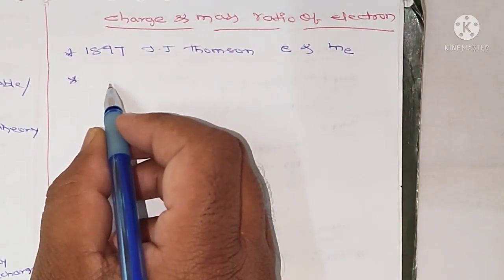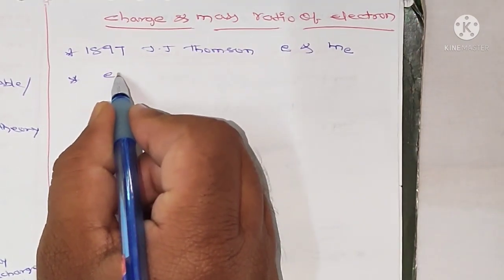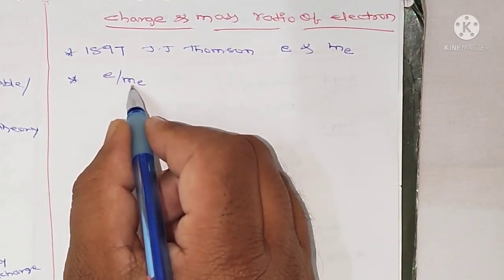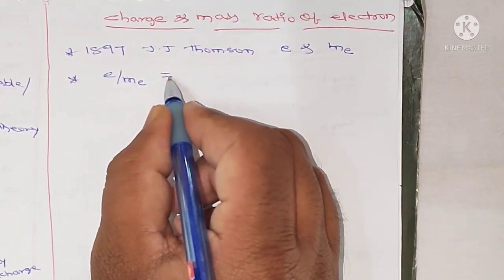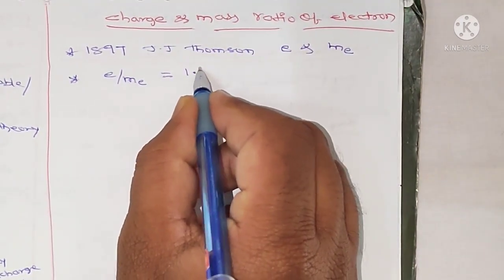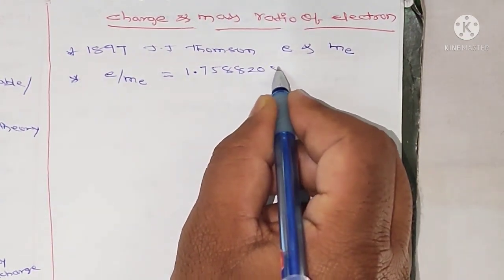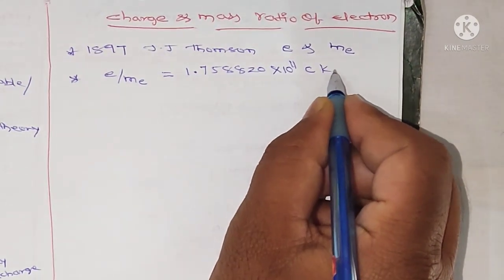So here J. J. Thomson determined the value of e by Me, charge by mass of electron, that is equal to 1.758820 × 10^11 coulomb per kg.